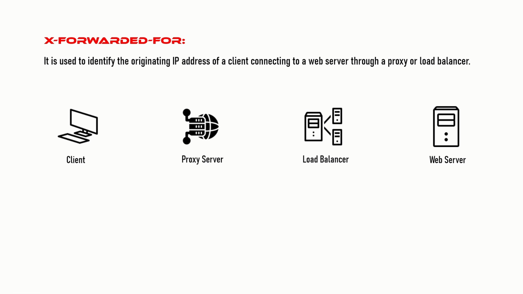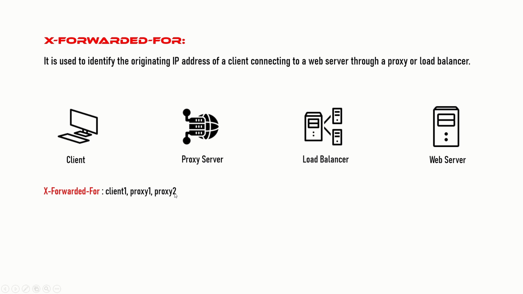So whenever the web server needs to understand the IP address from where the actual request is originating, it needs to have this X-Forwarded-For header in the request. This header looks something like this: X-Forwarded-For colon client 1 IP address, comma, followed by proxy server 1 and proxy server 2.